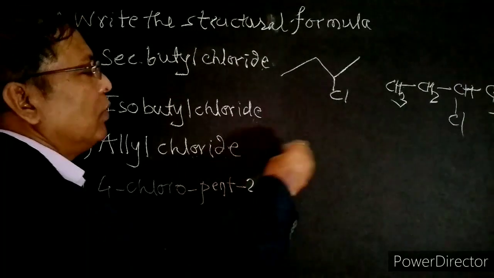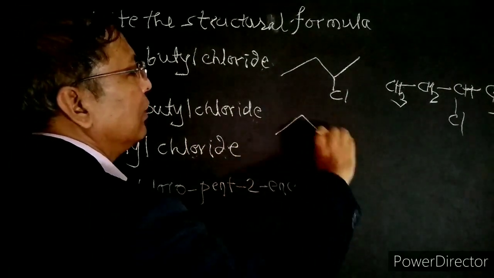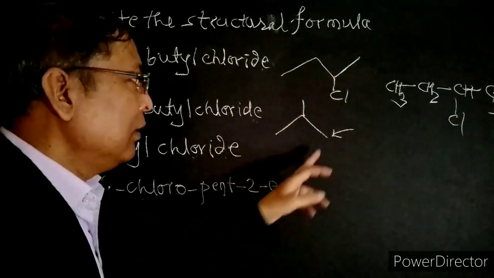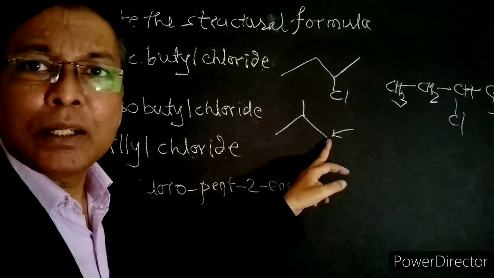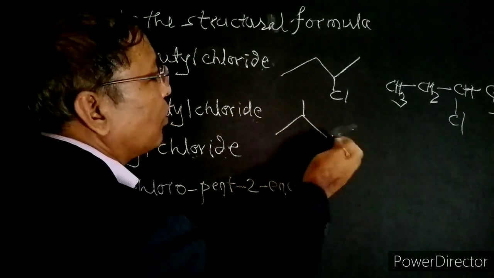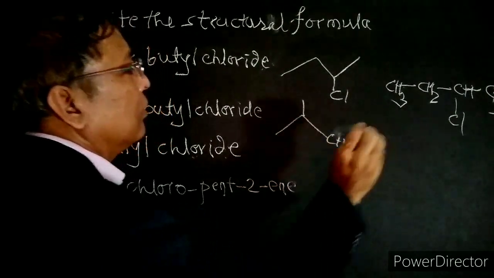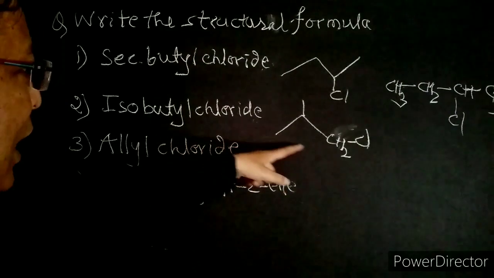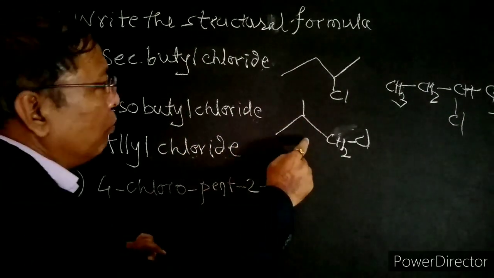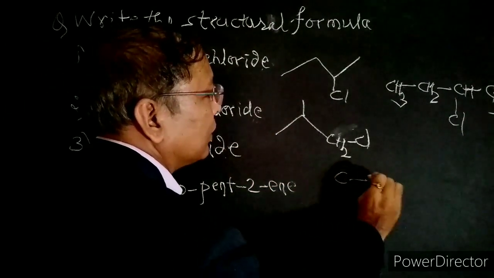Next, isobutyl chloride. We have also seen that isobutyl is like this: when the hydrogen is replaced from this carbon atom, we get isobutyl, and the hydrogen is replaced by halogen. This is the structure of isobutyl chloride. If you want to write the clear structure, it is like this.